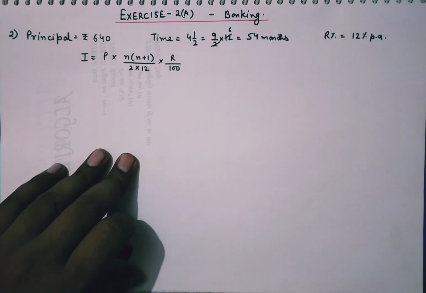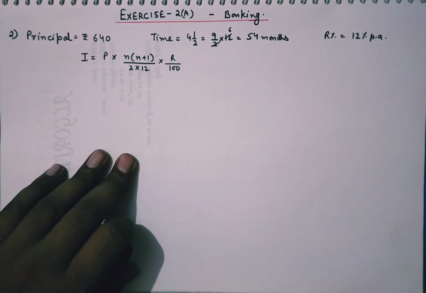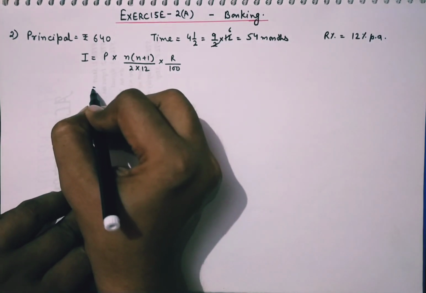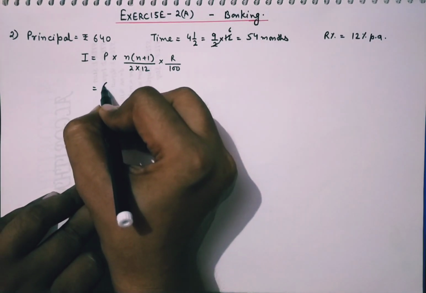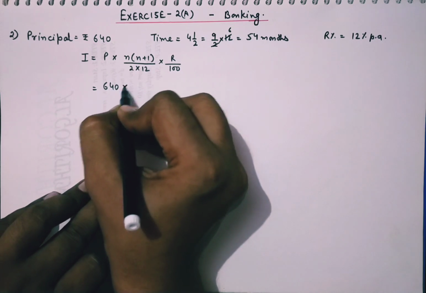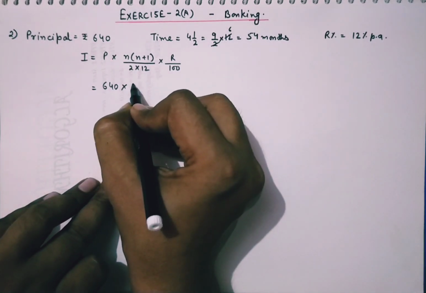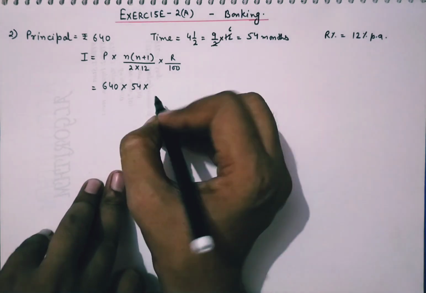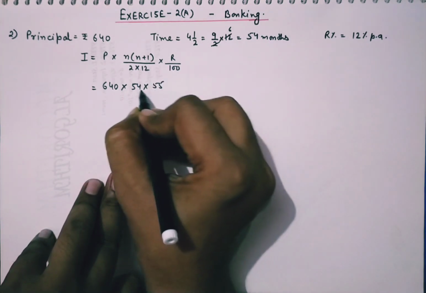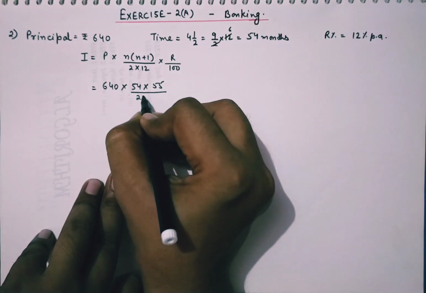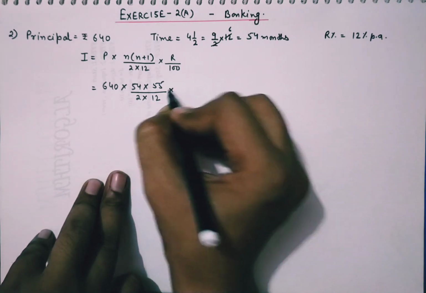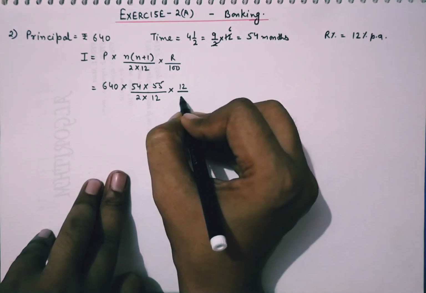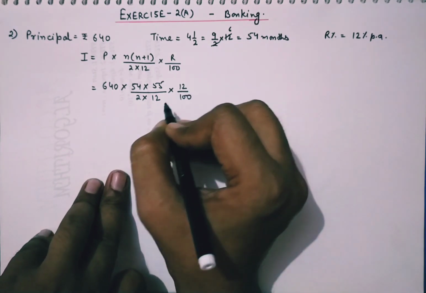Now we are going to place the formula for interest. After placing the formula, we are going to put the values of P and N. Here P is 640, N we are having 54, then N plus 1, that is 54 plus 1, that is 55, upon 2 into 12, rate we are having 12%, and upon 100.